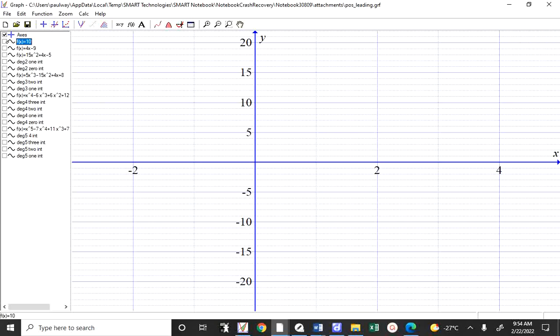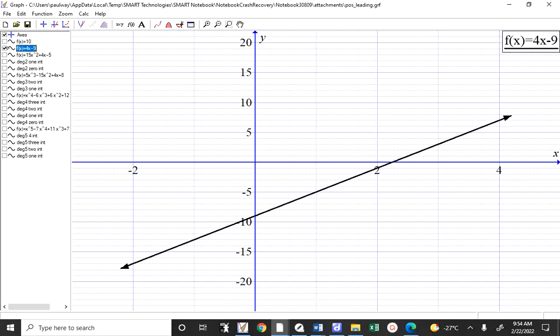What if I take a linear polynomial function, like f of x is equal to 4x minus 9? Well, this is basic grade 10 math. The slope is 4. The y-intercept is negative 9. That's what it looks like. What's important here is it crosses the x-axis in one location. And it's interesting, it's not a coincidence, that the degree of this polynomial function is 1.